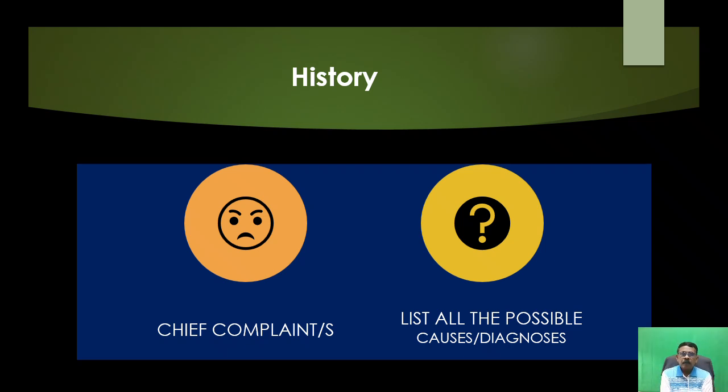You must be very particular in ensuring that you get the right chief complaint which brought the patient to see the doctor for admission. Once you have the chief complaint, you must list in your mind all the possible causes of this chief complaint that may be in this patient.